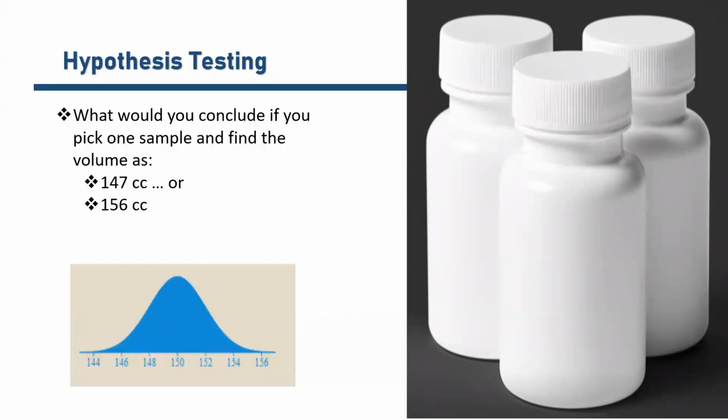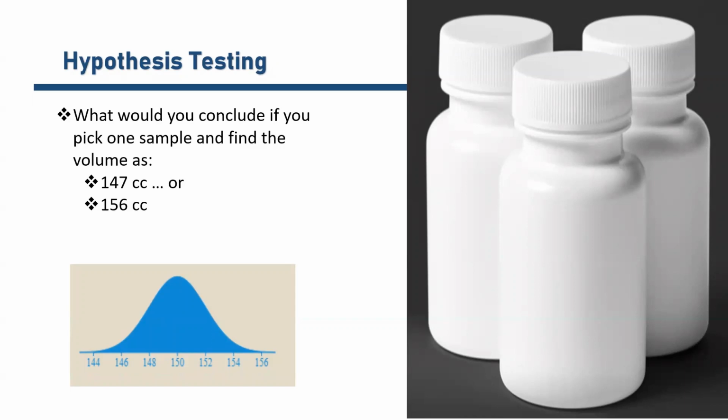Now, to understand, what would you conclude if you pick one sample and find the volume as 157 or 156 or whatever it is? Going forward with the experiment, let's say you pick one bottle from the production line, or say 5 bottles, and take the mean of them.